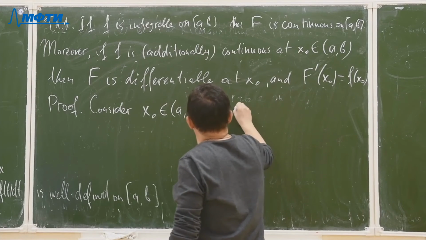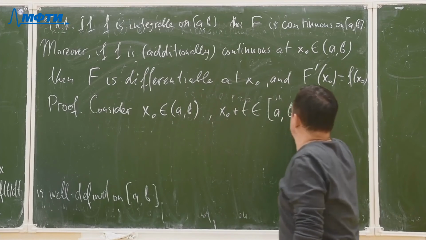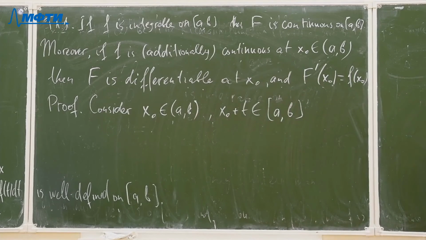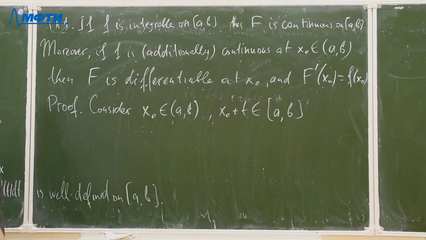And x naught plus t is also, let it be in the closed interval, no problem. Both x naught and x naught plus t are in that interval.